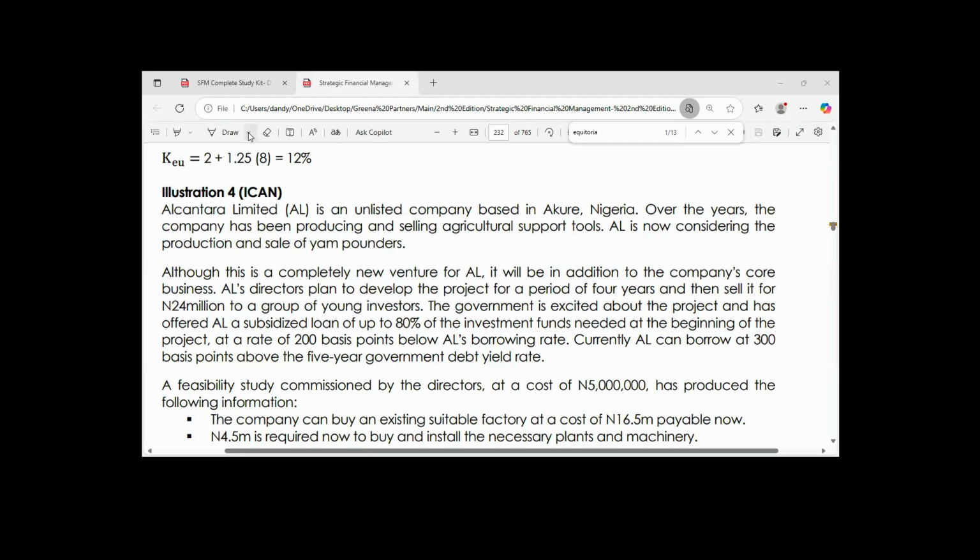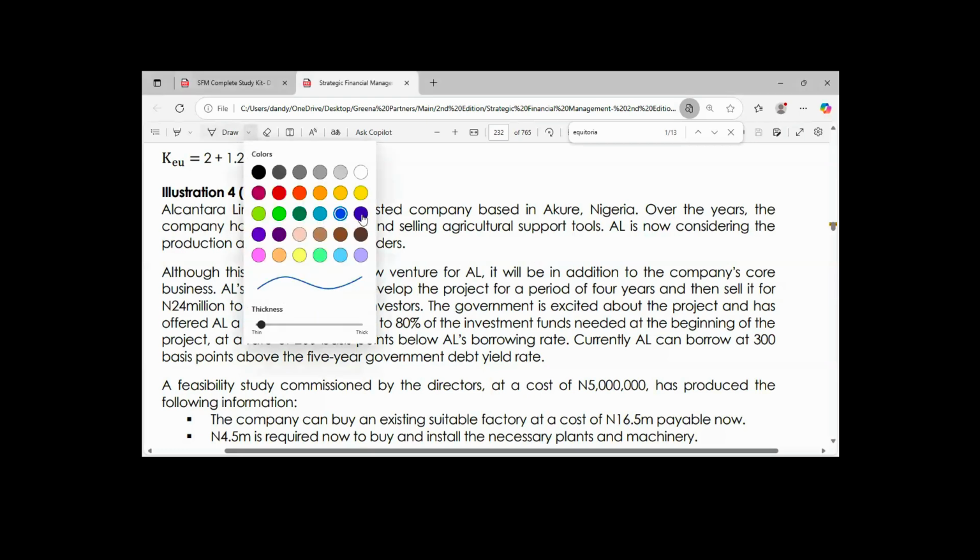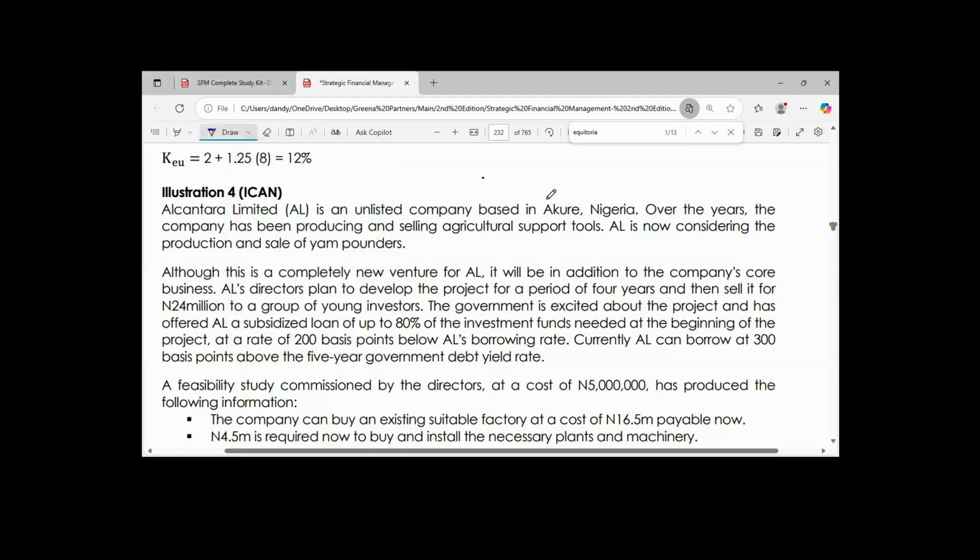The government is excited about the project and has offered AL a subsidized loan of up to 80% of the investment funds needed at the beginning of the project, at a rate of 200 basis points below AL's borrowing rate.